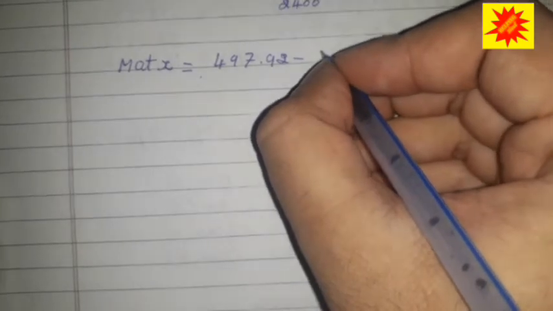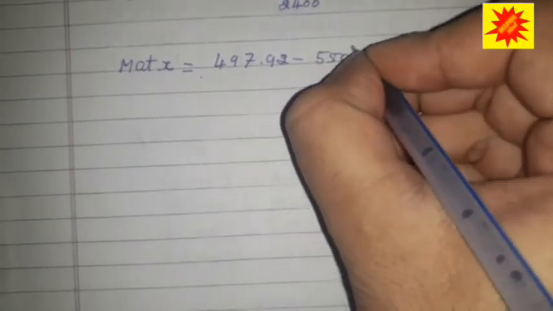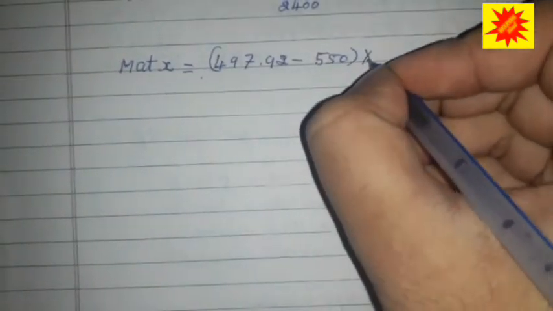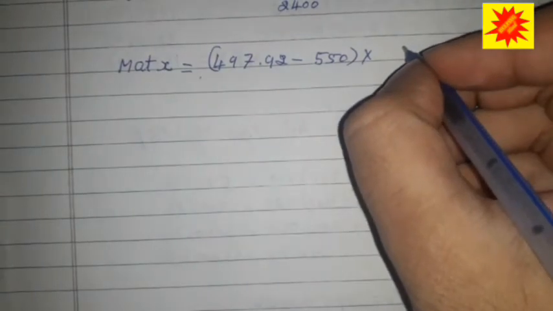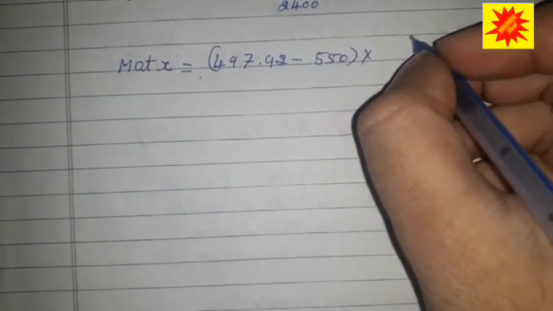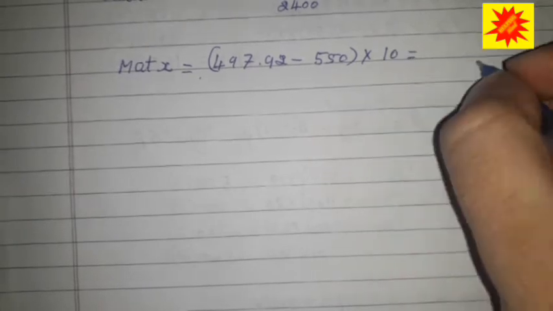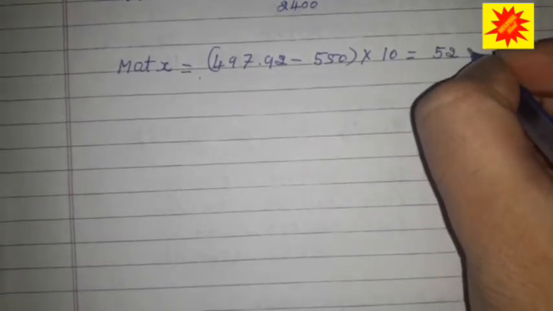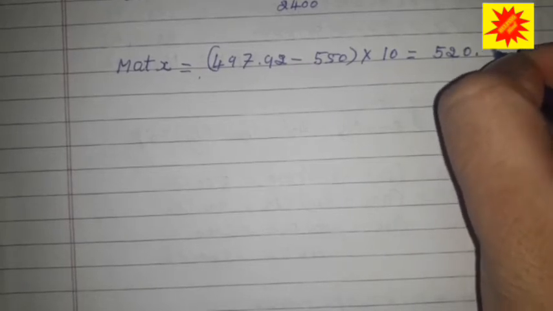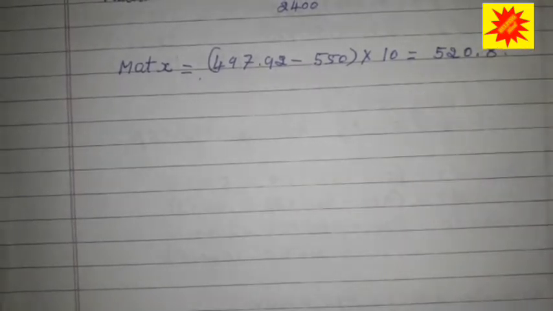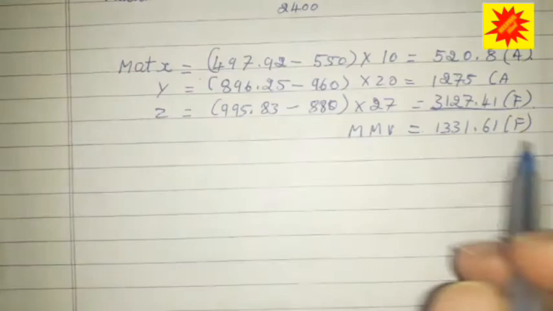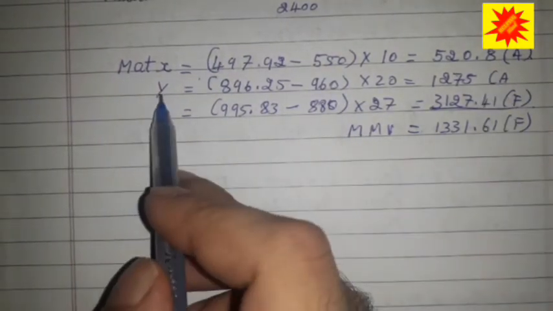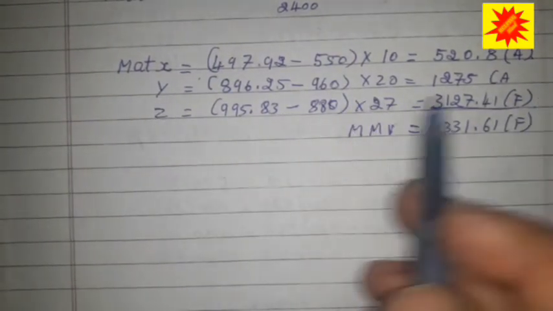So actual quantity is 550 into our standard price, that is 10, which will give us 520.8. So that is adverse.